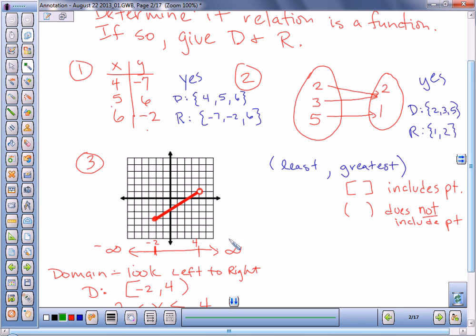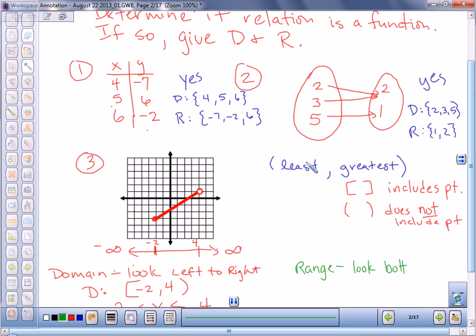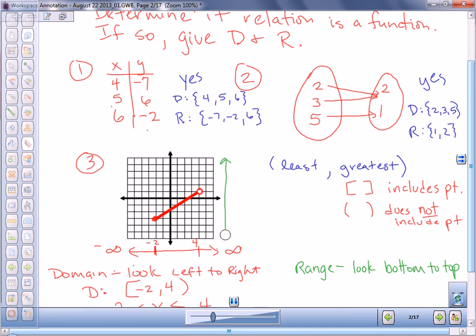Now let's go look at the range. We're going to do the same thing. But for range, we're going to look bottom to top. Because that's how we will go from the least to the greatest y value. So go from the bottom of the function to the top. If it went down forever, the bottom would be -infinity.